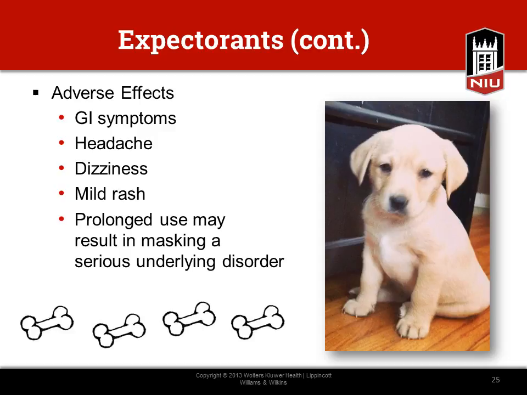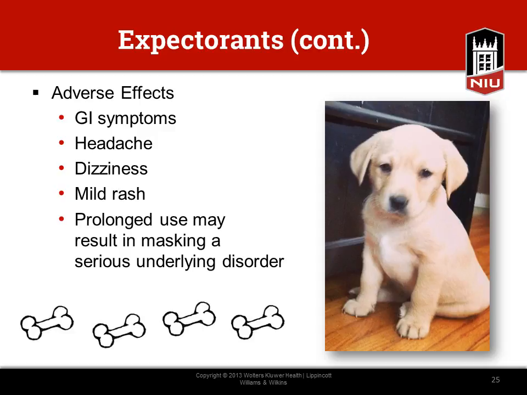Adverse effects might be some mild GI symptoms, headache, dizziness, mild rash. If we do prolonged use without knowing why we're using it, we might be masking a serious underlying disorder such as chronic bronchitis or something like that.